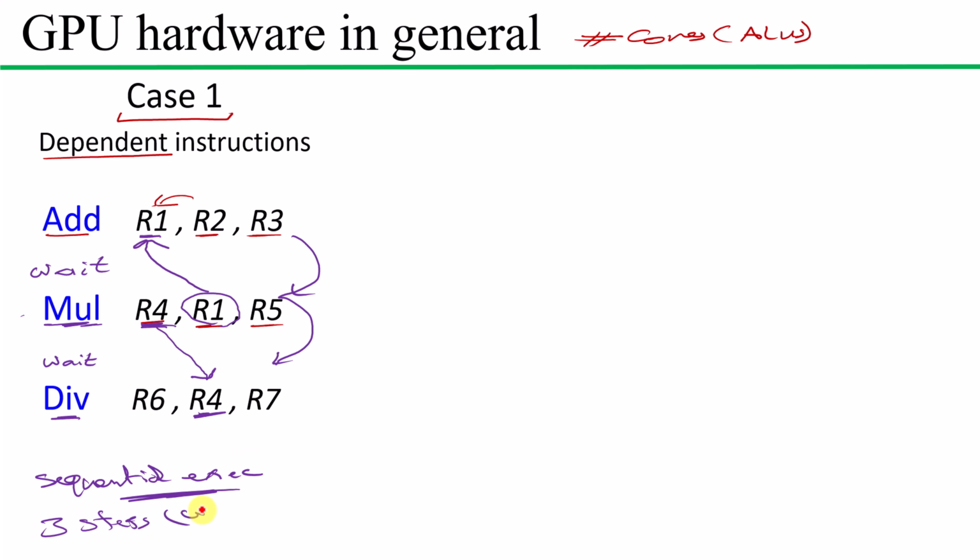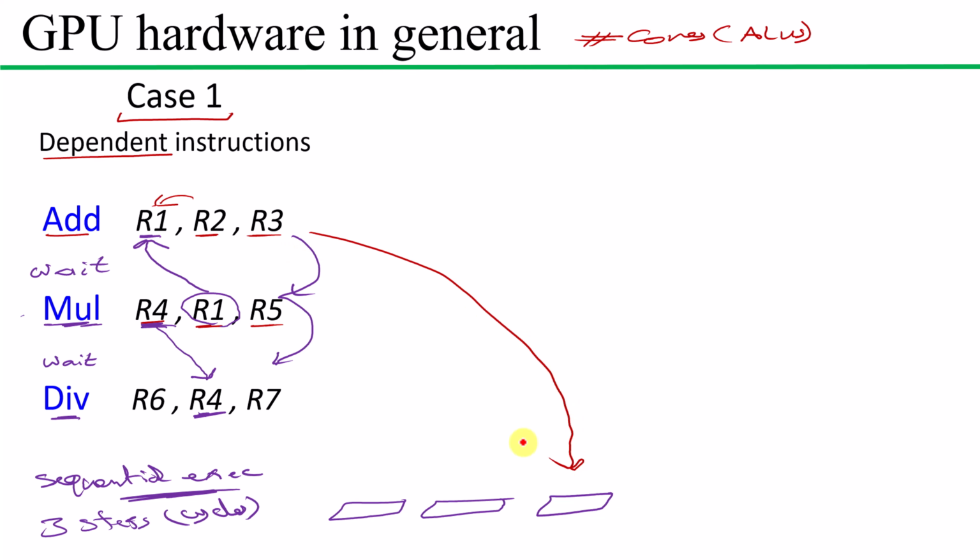Now, you might wonder, why not utilize multiple cores for these instructions to execute them in parallel in one step? Well, even with 3 separate cores handling the add, multiply, and divide operations, they wouldn't operate simultaneously. The second instruction would still await the first one, and the third would wait for the second.